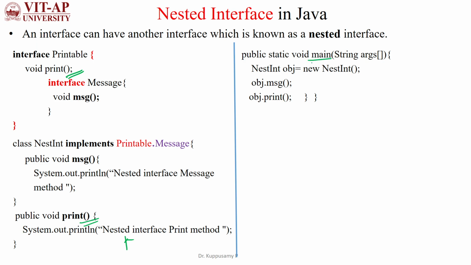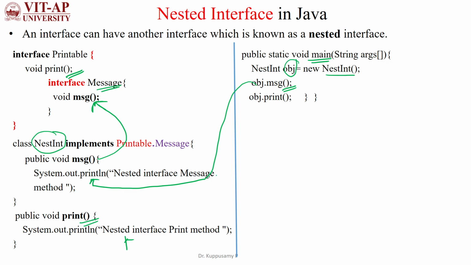Then I am creating the main method, right? Here the object is created by using the class NestedInt given here. Then I am calling the method msg, which is available inside the interface. So it is called, the control passes over here, and this overrides the method available inside the interface.